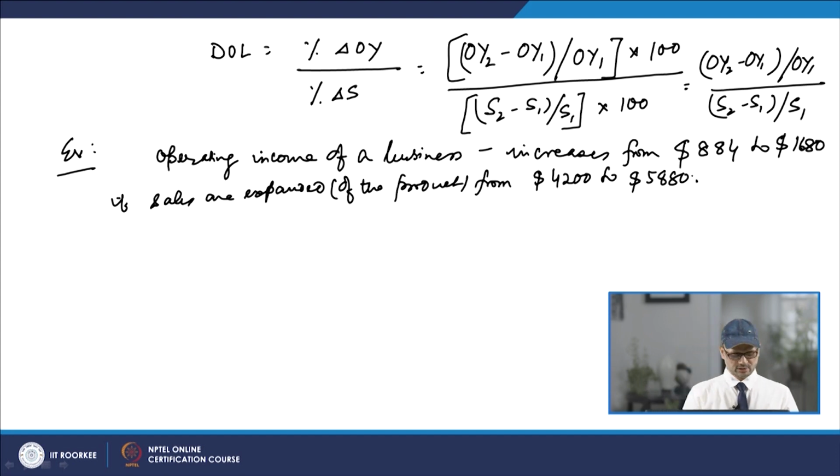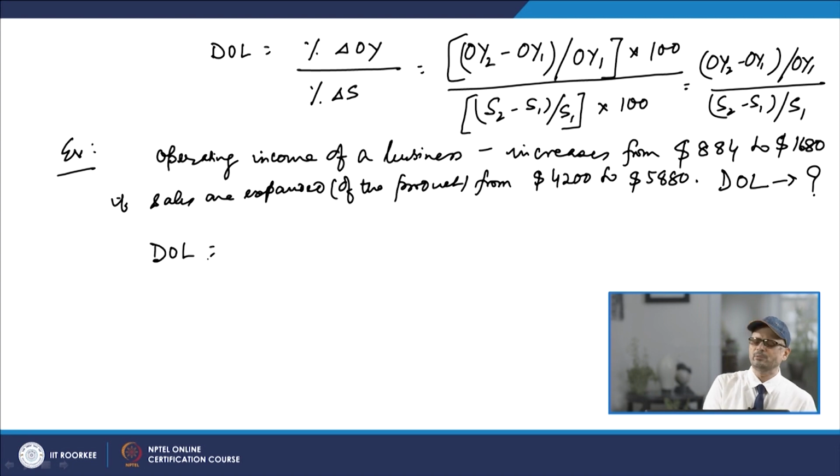Now, in this case, what is the degree of operating leverage? The degree of operating leverage will be OI2 minus OI1, so your change in operating income is from 884 to 1680.